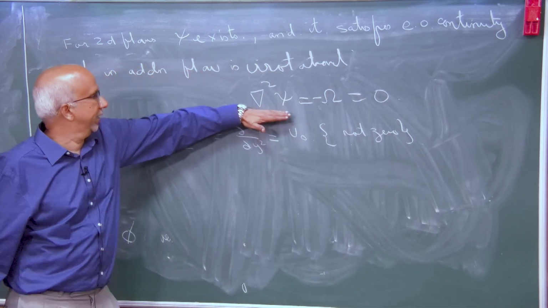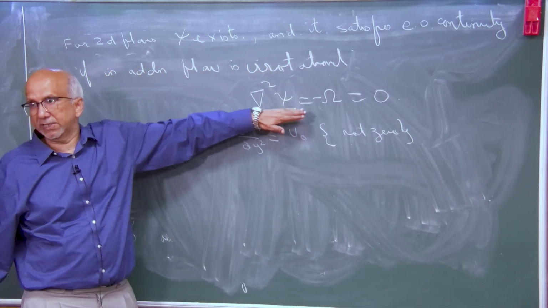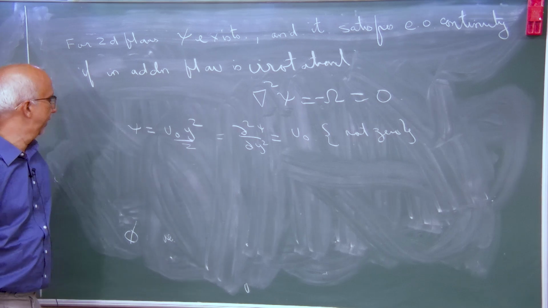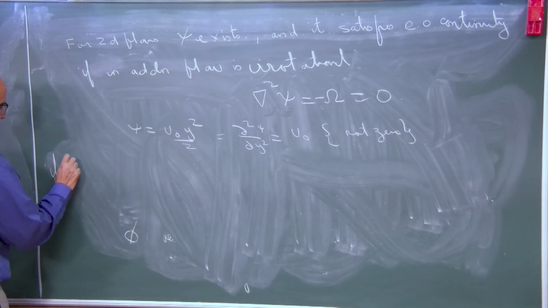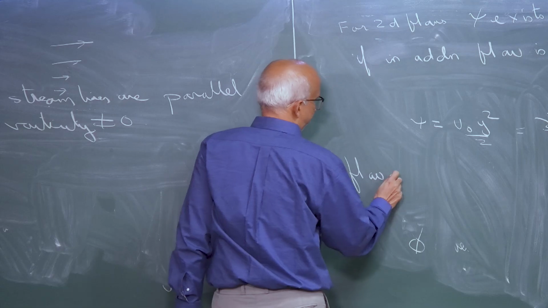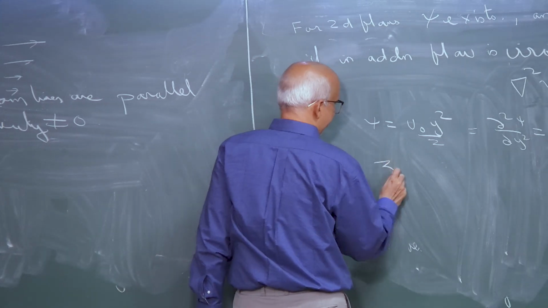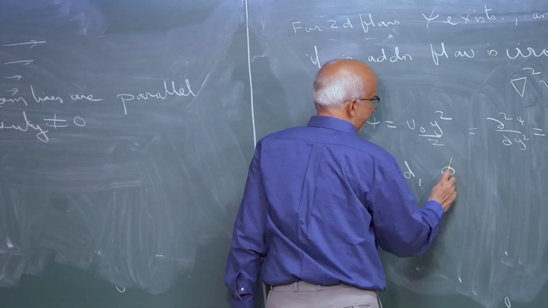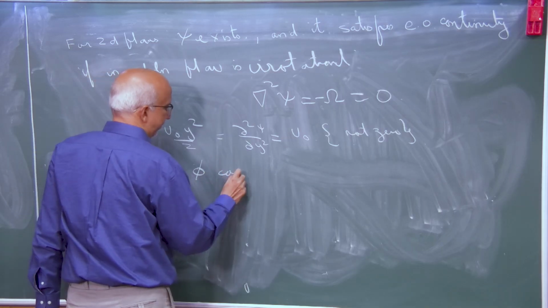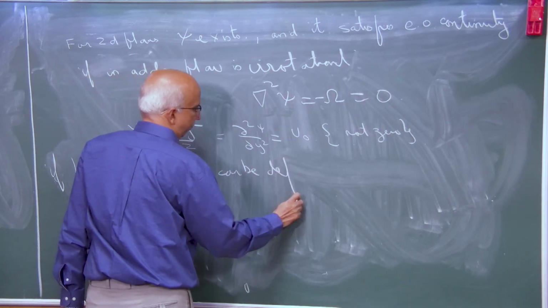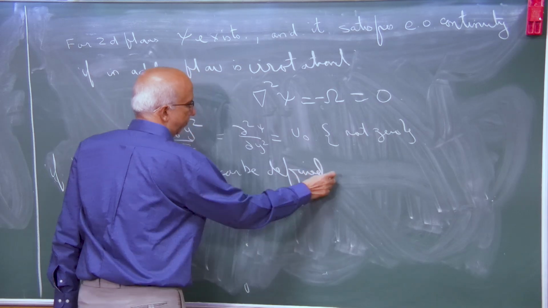Point is, for irrotational flow fields, del square psi which is omega must be 0. If flow is 3D, phi can be defined.